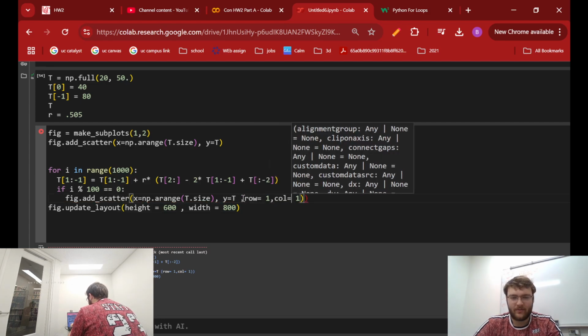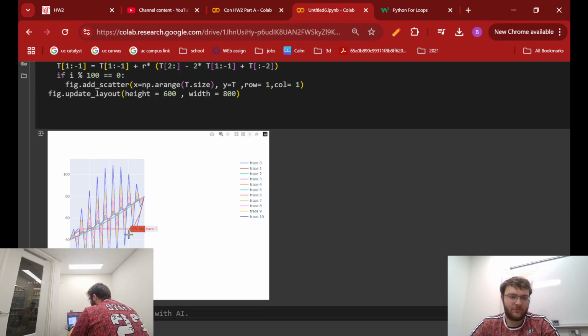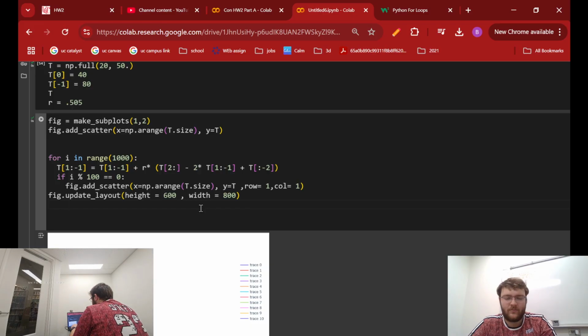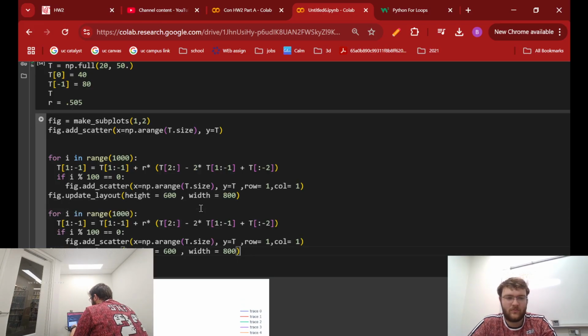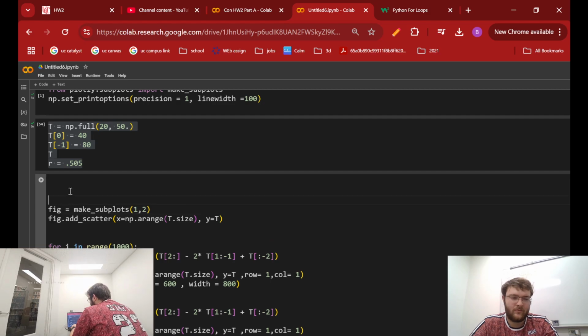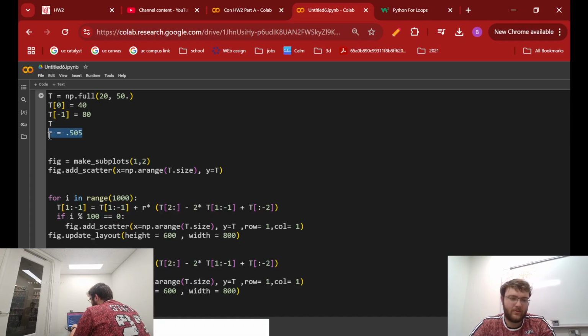That's not how that was supposed to work. There's 1, and then let's actually take this whole thing. I'm going to put it in the same one so then it runs.